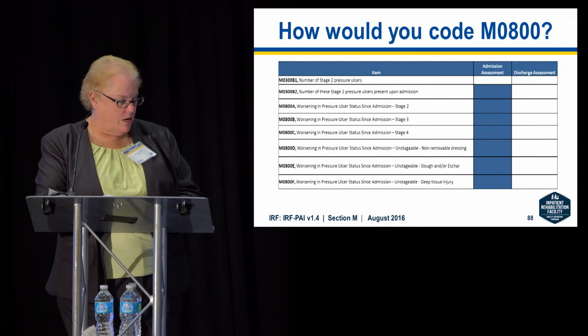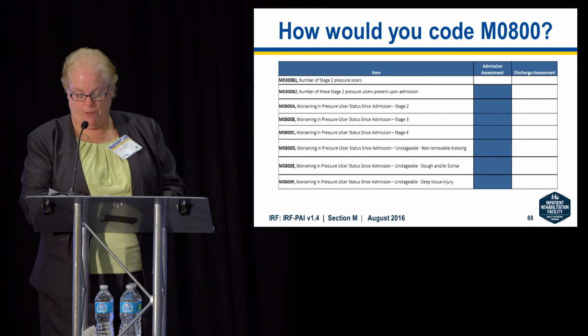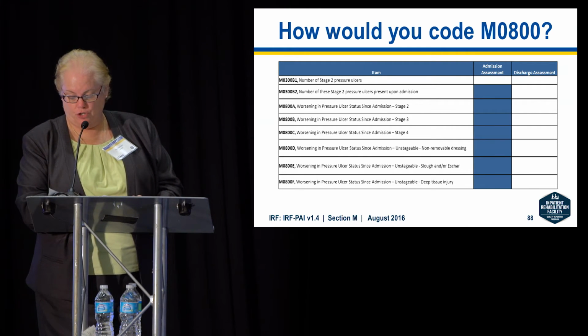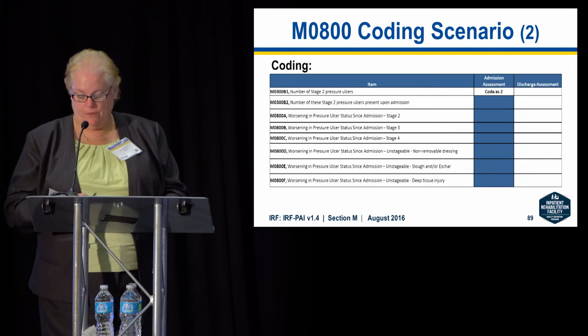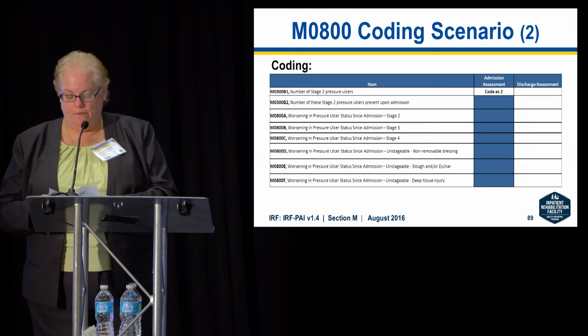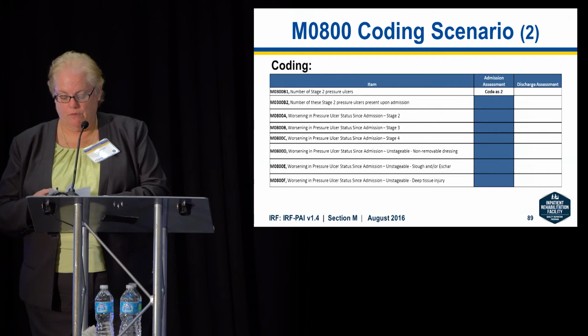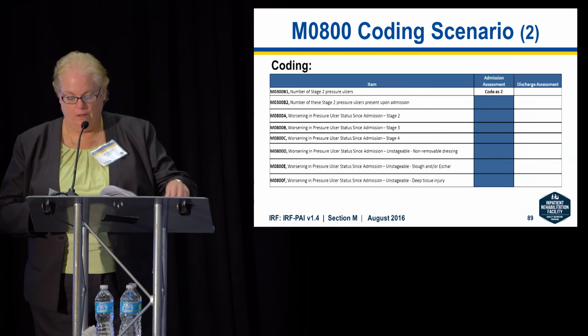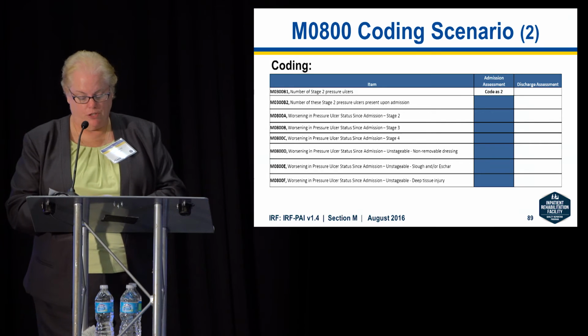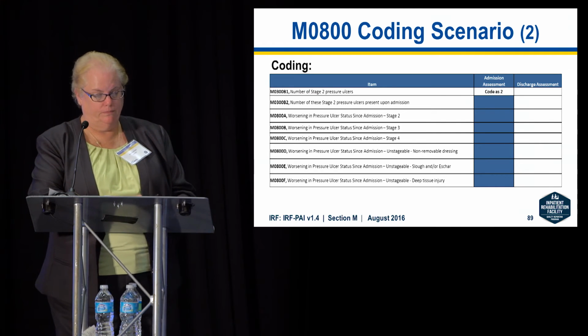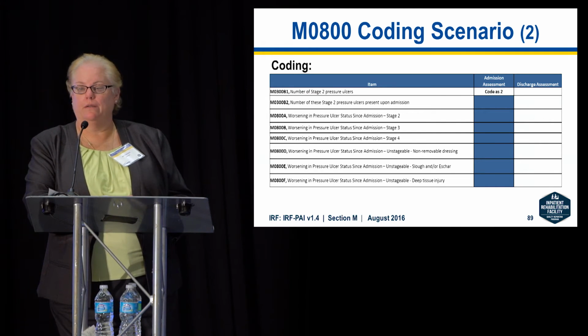For M0300B1, number of stage 2 pressure ulcers on the admission assessment: 2, great. Number of stage 2 pressure ulcers on the discharge assessment: 1, I hear 1.